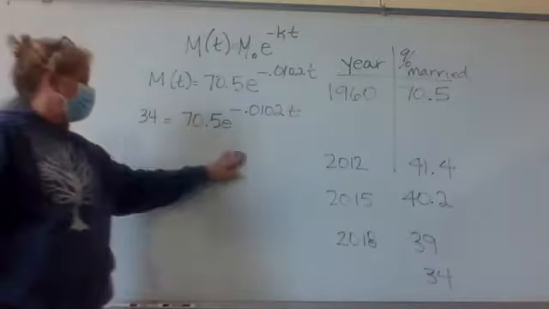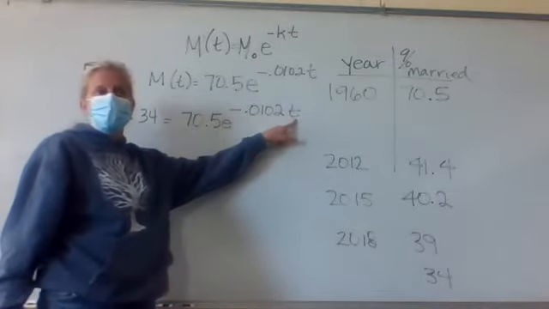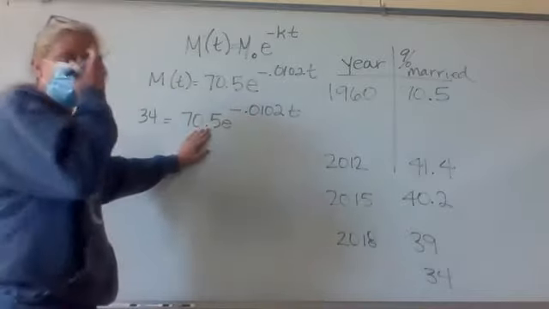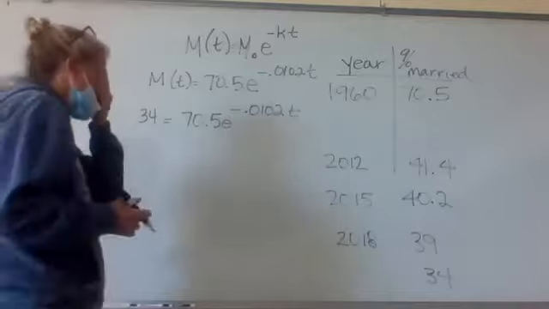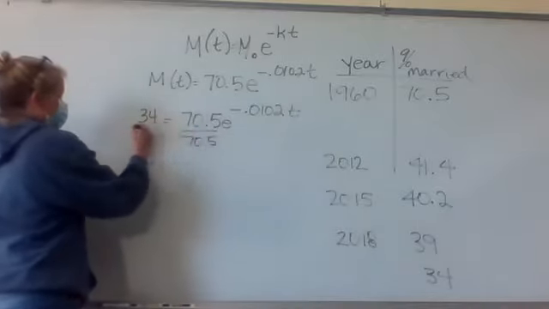So again, just like the last couple of problems, we have a situation where we're solving for the variable in the exponent. So just like the last ones, I'm going to get rid of the 70.5 first by dividing by 70.5.